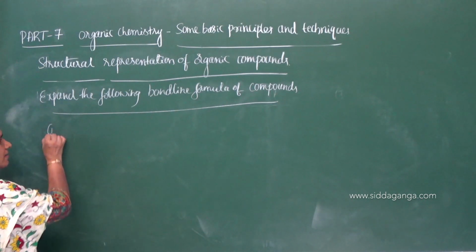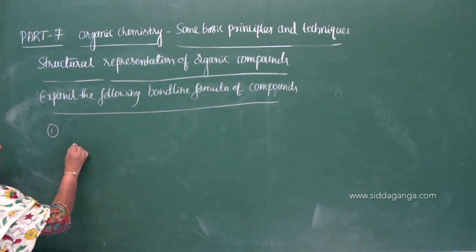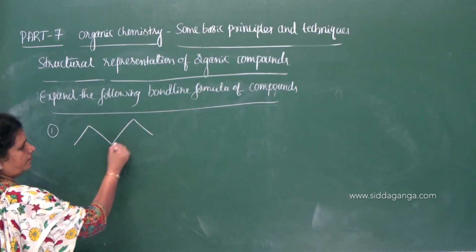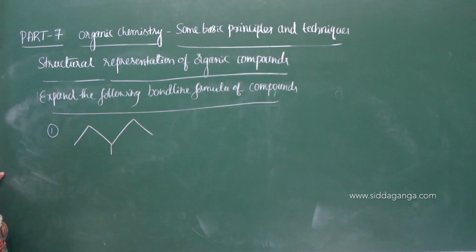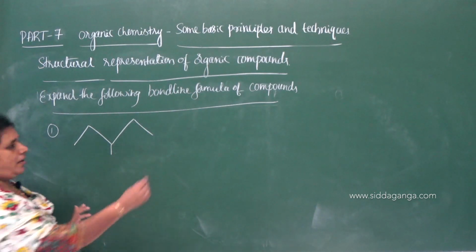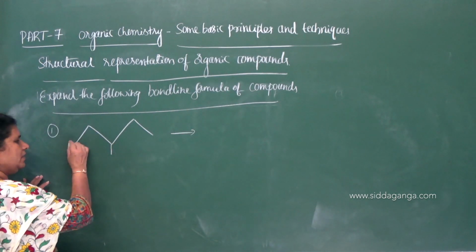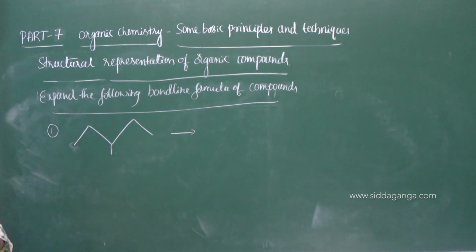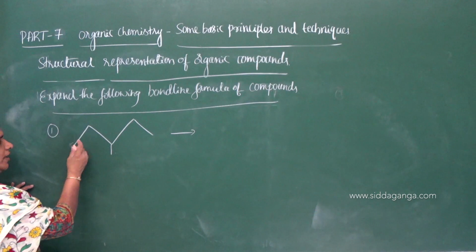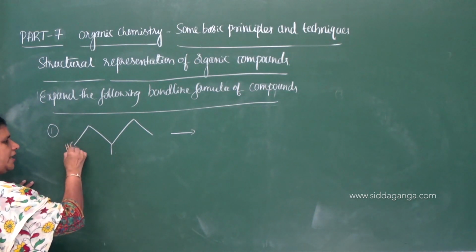So I'll give the examples. First one. So this is the bond line formula given. Now expand this. Here we have a CH3 group: 1 carbon, 3 hydrogen atoms.